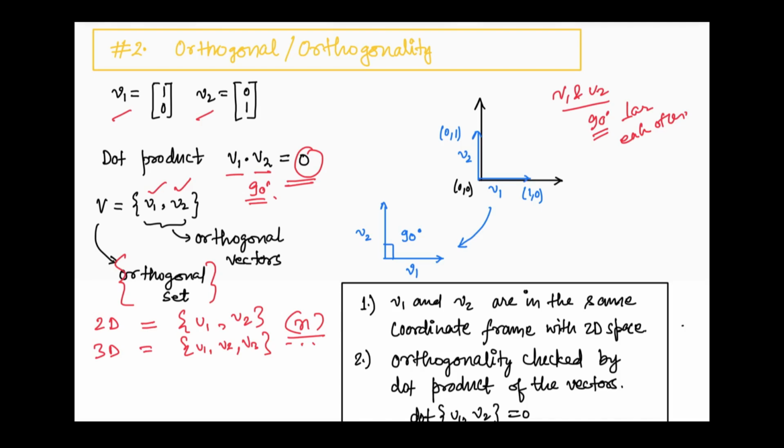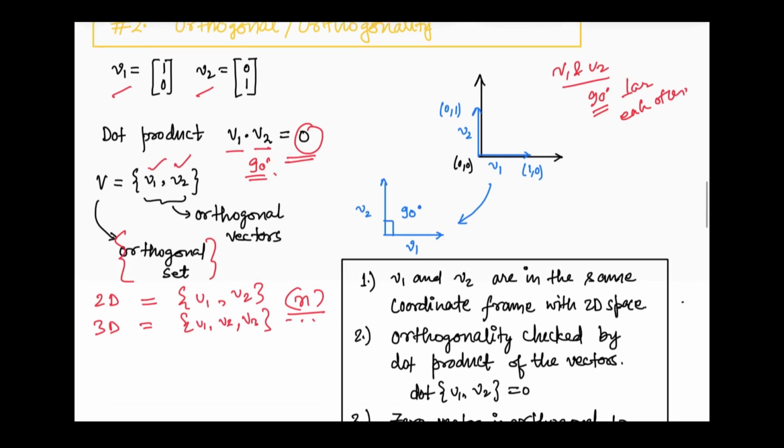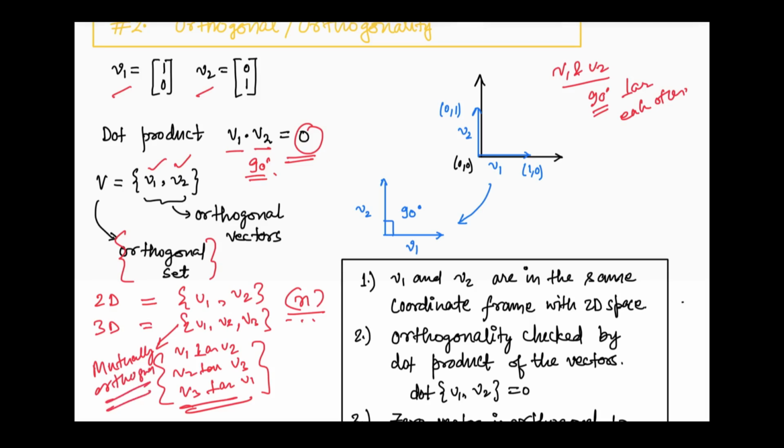When we say that this set is an orthogonal set, then v1 should be perpendicular to v2, v2 should be perpendicular to v3, and v3 should be perpendicular to v1 also. This is what we call mutually orthogonal.